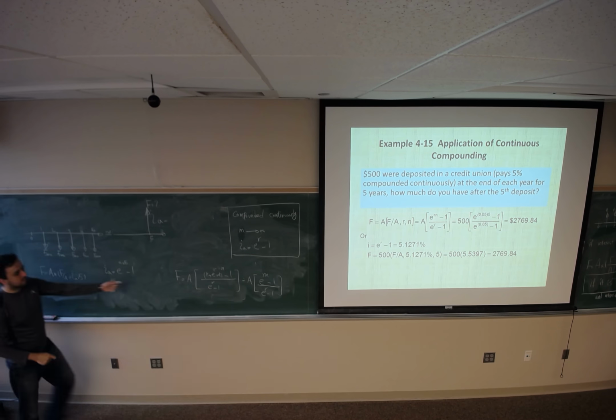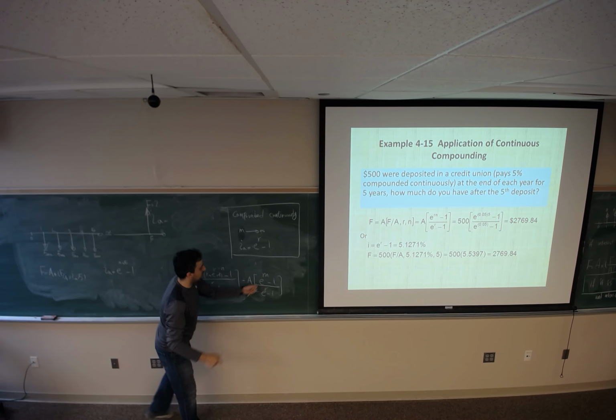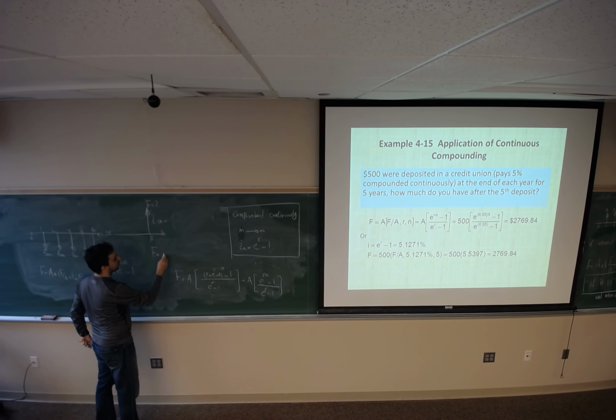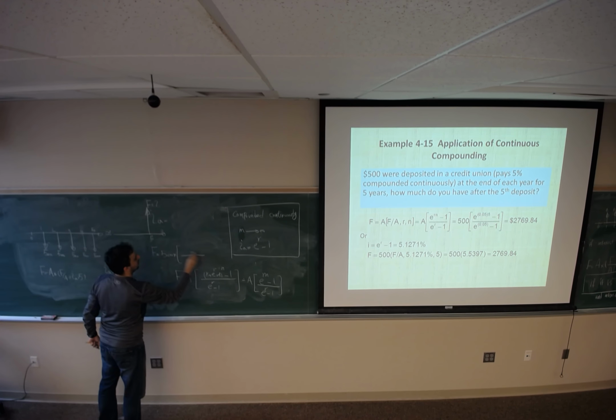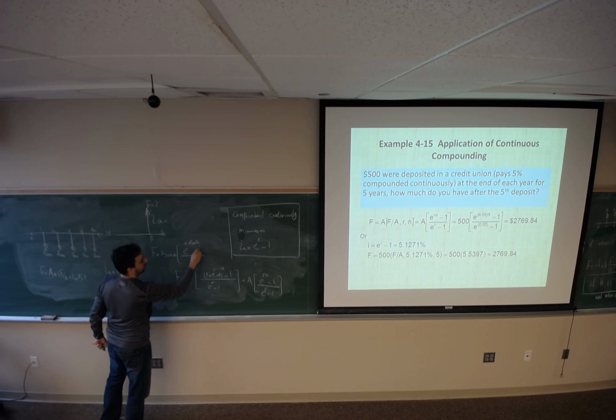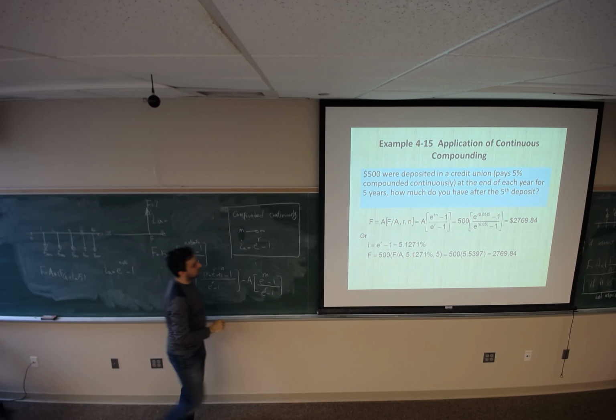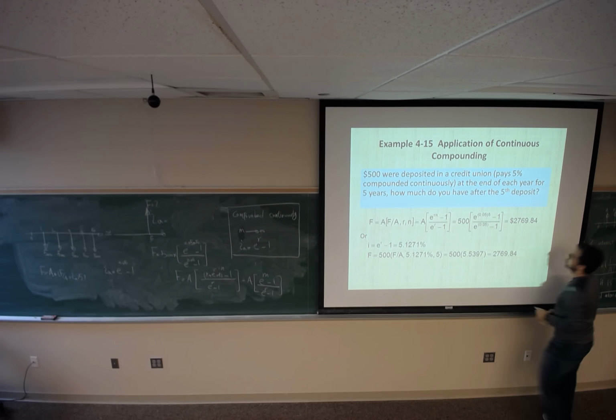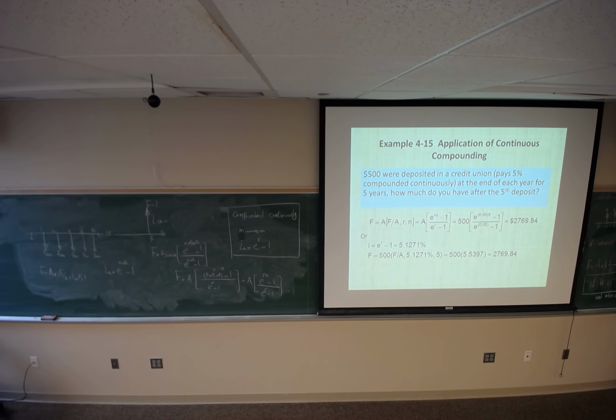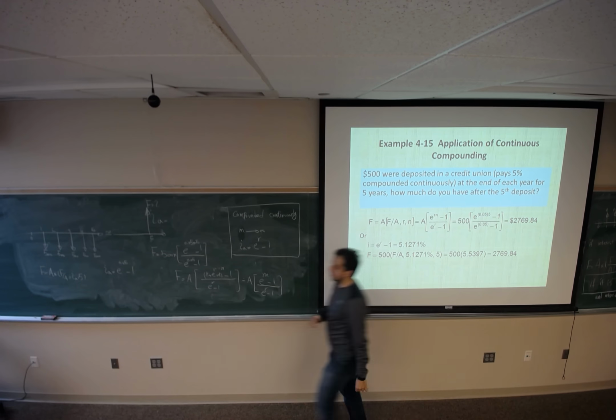Or you can just use this equation: F equals 500 times e^(5% times 5) minus 1. You should get the same, 2769, almost 7.